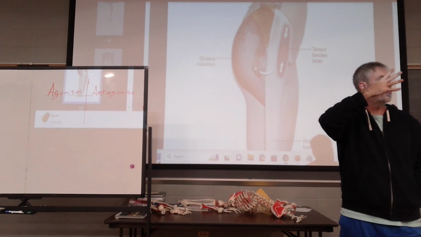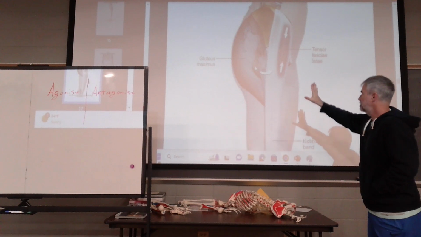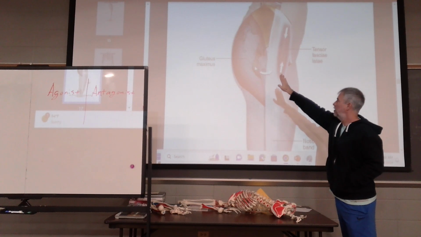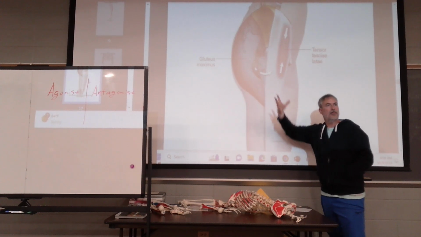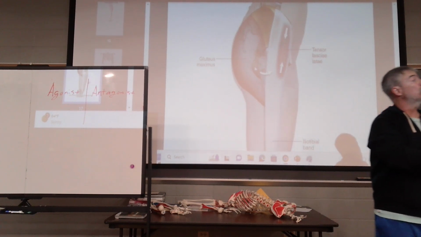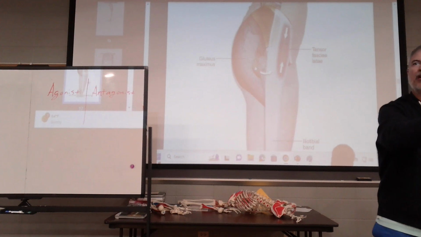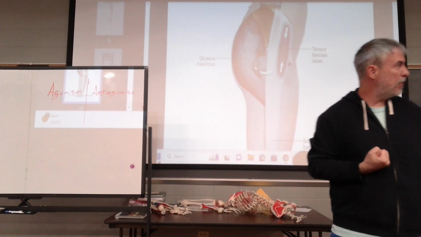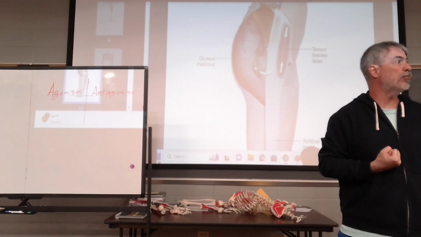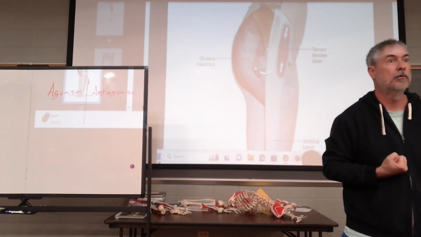So the gluteus maximus kind of passes underneath and is yanking on the femur. Think about how strong the gluteus maximus is. I don't want that muscle yanking on a guitar string. Does that make sense? A big, powerful muscle like that, I want it pulling on a big, powerful bone.